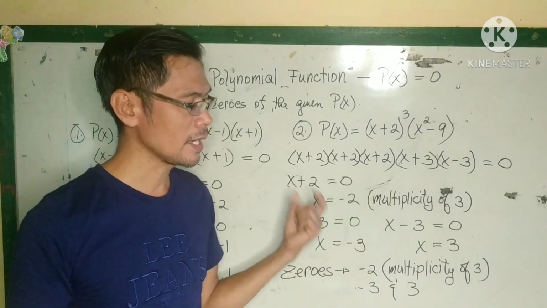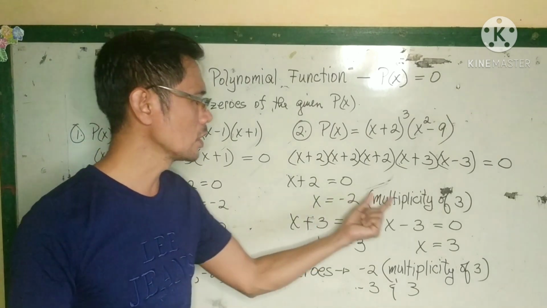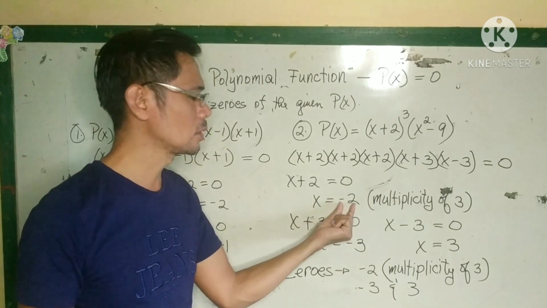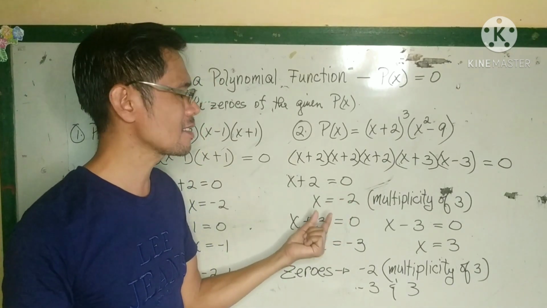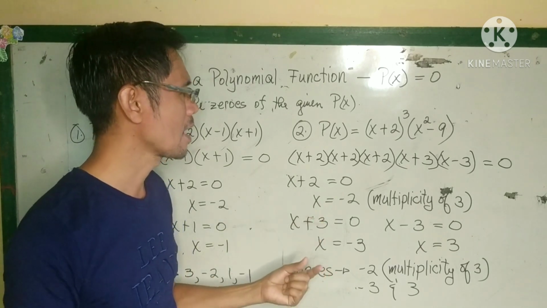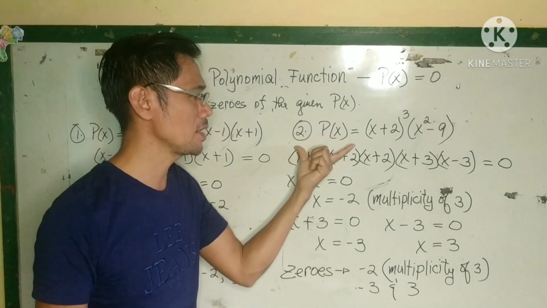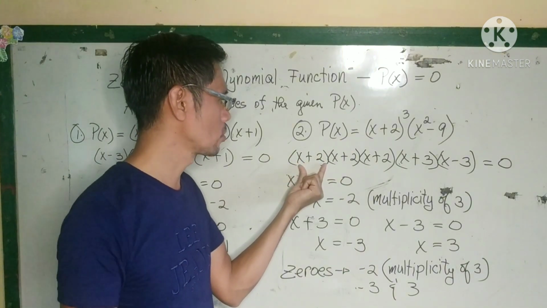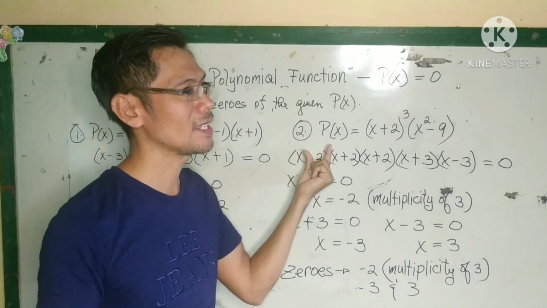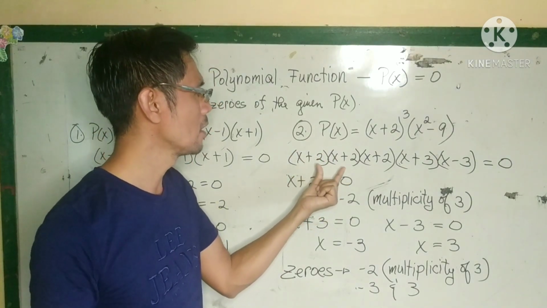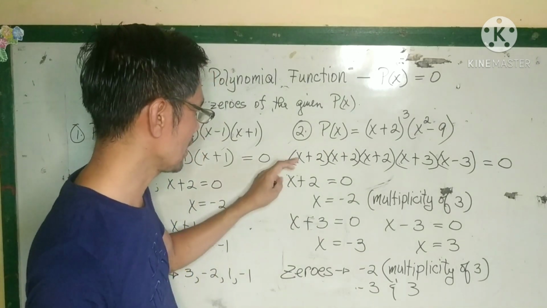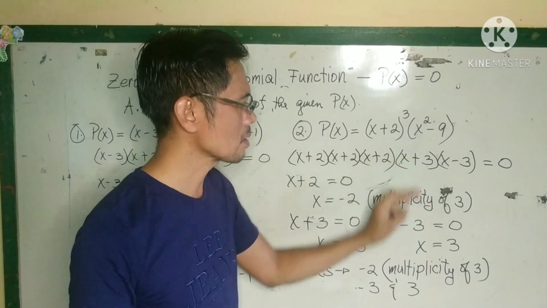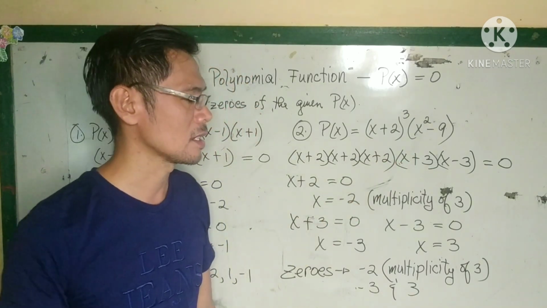Again, I would like to emphasize that when we say multiplicity of 3, our zero, negative 2, is taken 3 times as the root of the given p of x. Why? Because our factor x plus 2 is taken 3 times as a factor of the given p of x. That is x plus 2 times x plus 2 times x plus 2 times x plus 3 times x minus 3.